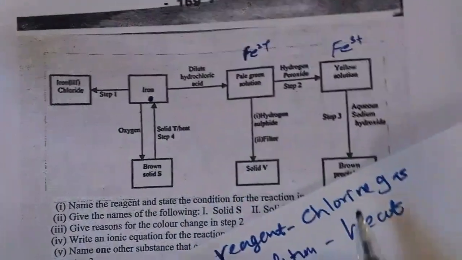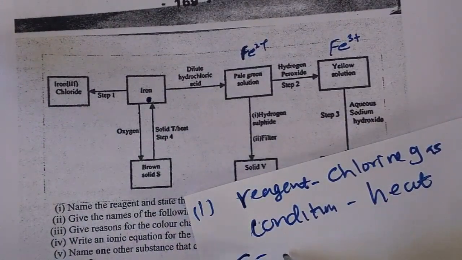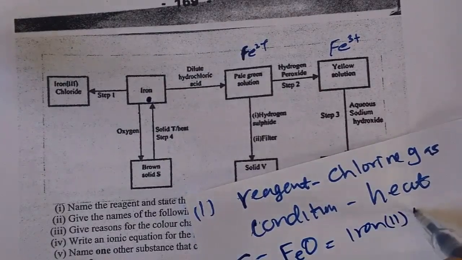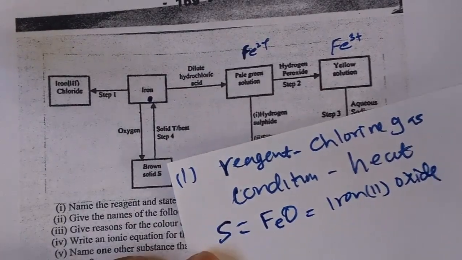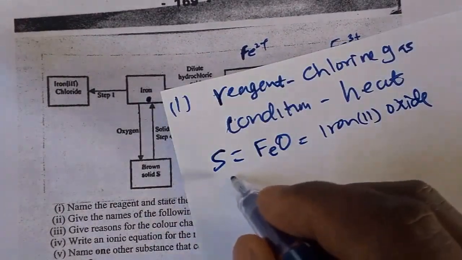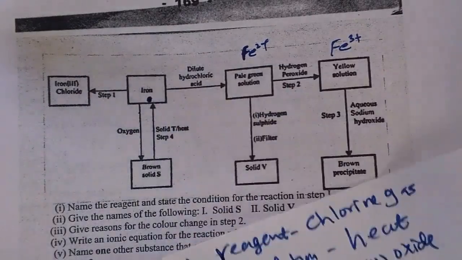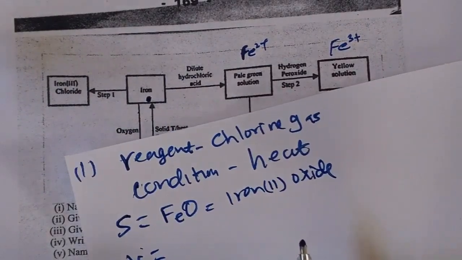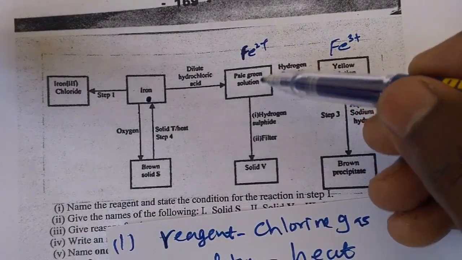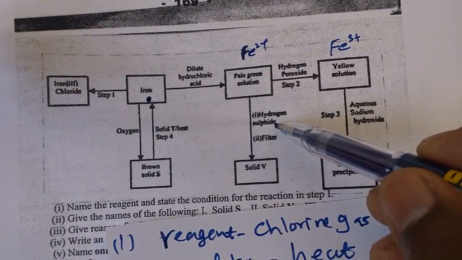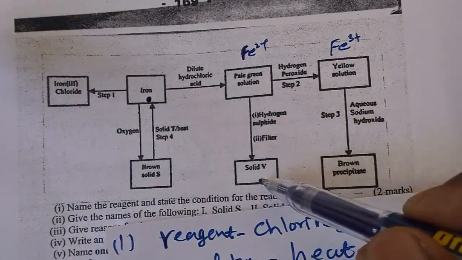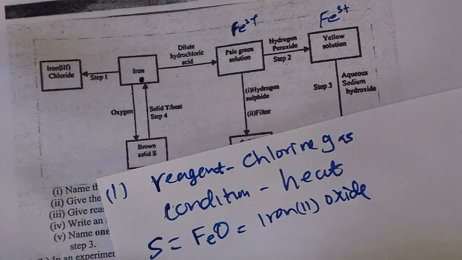So S is iron 2 oxide. Solid V, I told you that iron 2 will combine with the sulfide, which is negatively charged, to form iron 2 sulfide. So solid V is iron 2 sulfide.